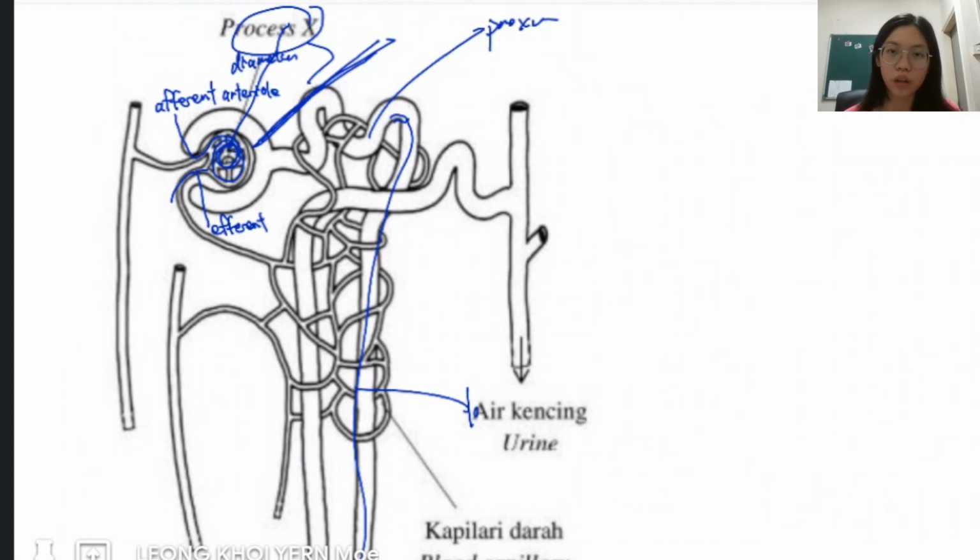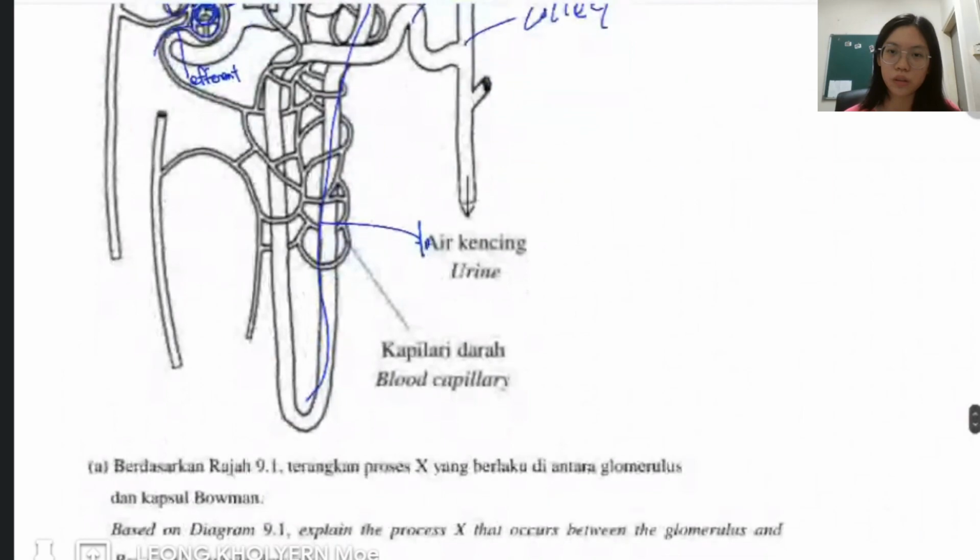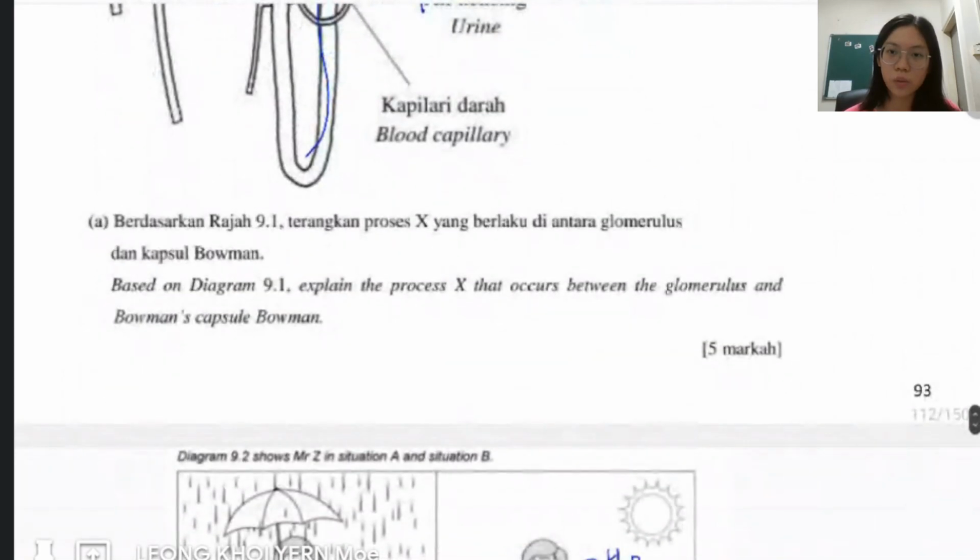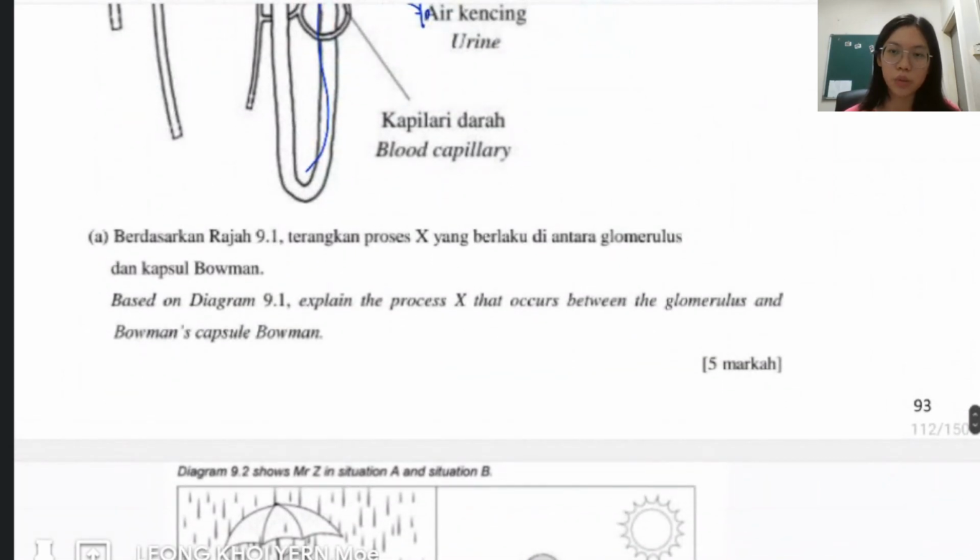Followed by your distal convoluted tubule, and then enter your collecting duct, and ta-da, pass out the urine.